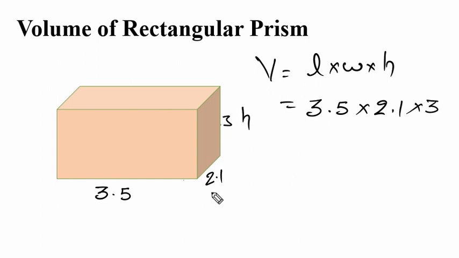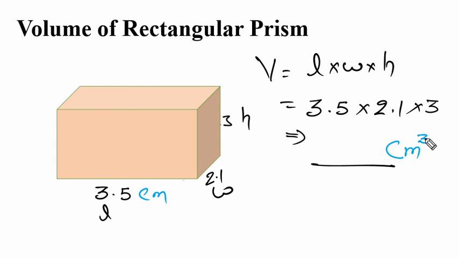This is your height, this is your width, this is your length if you have any confusion. So multiply all of this and you will get your answer. What will be the unit? I have not given you the unit. If the unit is centimeter, then the unit of volume will be centimeter cube.